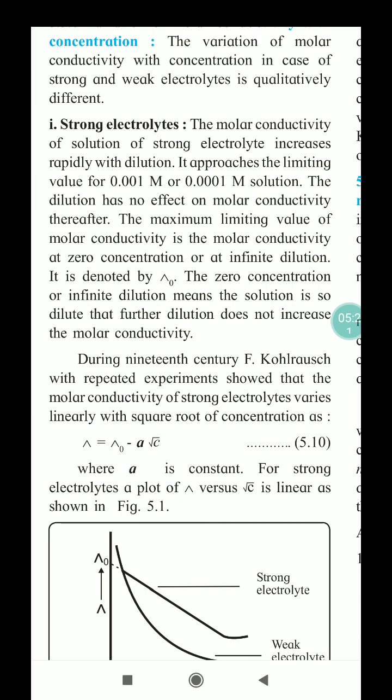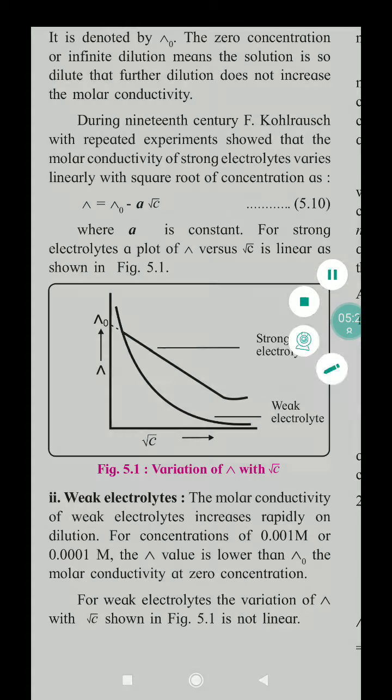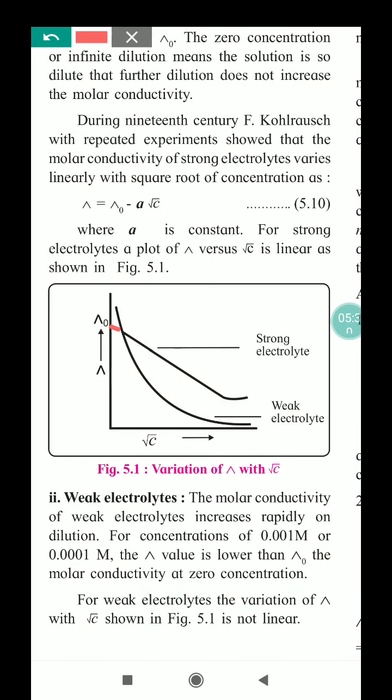Okay, so the graphical representation for strong electrolyte and weak electrolyte. Here for strong electrolyte it is in this way, and for weak electrolyte it decreases slowly. The weak electrolyte's molar conductivity increases rapidly on dilution. For a given concentration, again for the same strong electrolyte, the lambda value is lower than lambda 0.